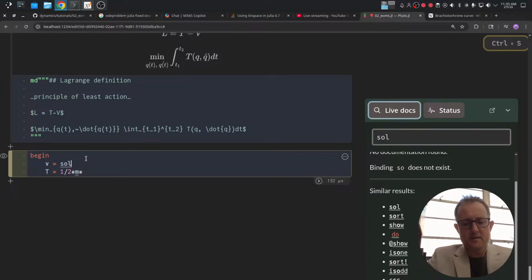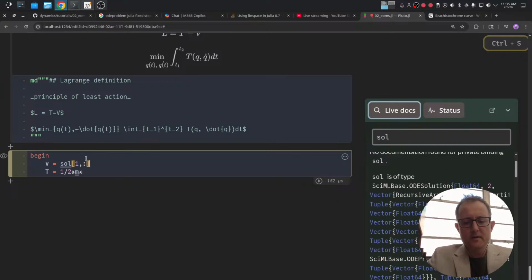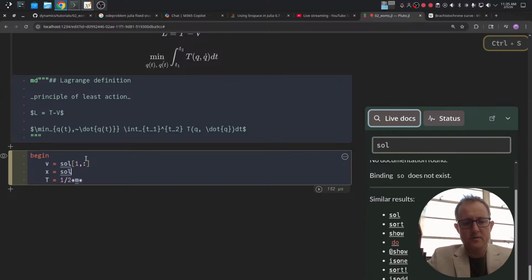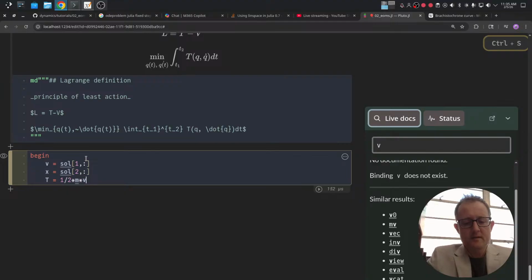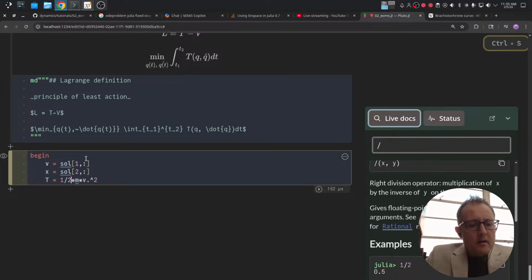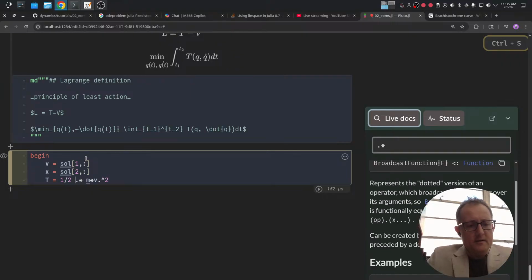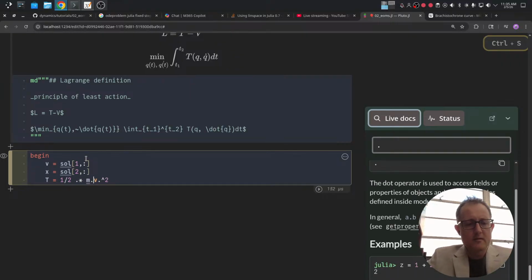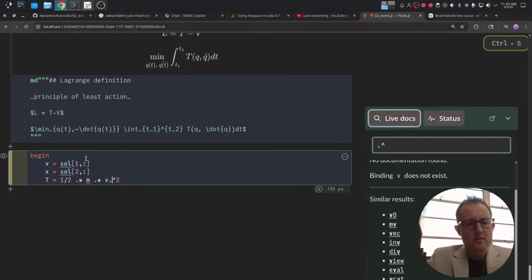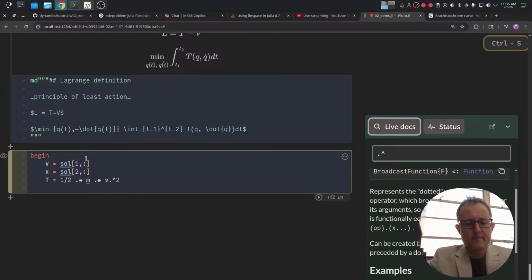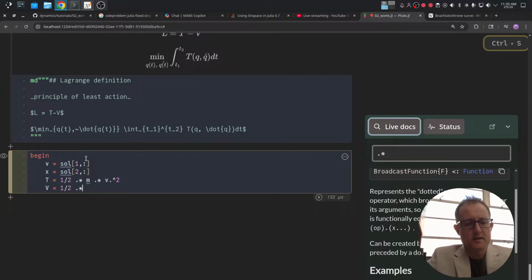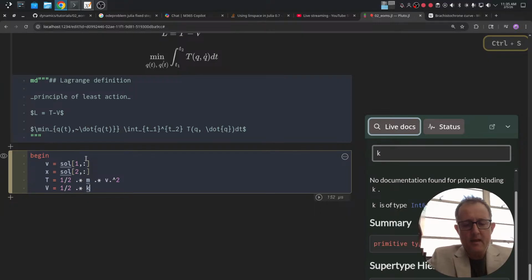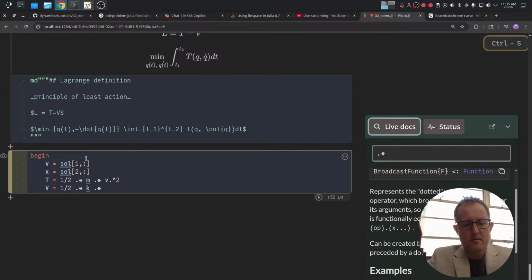V is sol 1 colon, X is sol 2 colon, and I think I'm doing this right. And we'll do a dot star. Our potential energy is still 1/2 times K X squared.